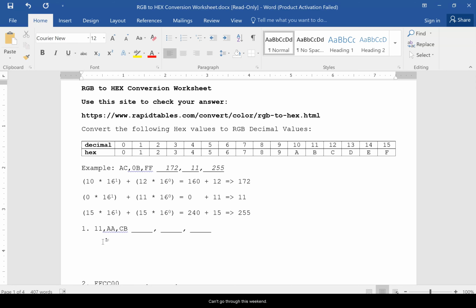We got 11, so you would do 1 times 16 to the first power, and then we do 1 times 16 to the 0 power, and that is equal to 16 plus 1, which equals 17.